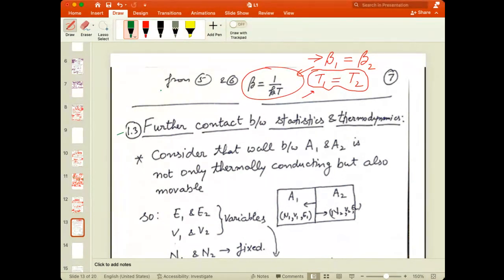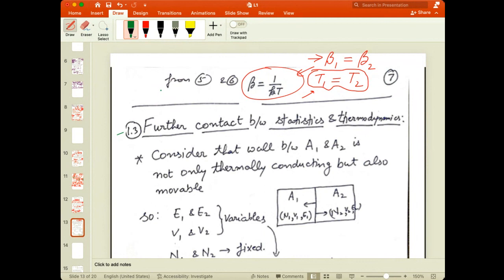Now I will make my wall movable, while also allowing the two systems to exchange energy. So E1 and E2 can vary, but their sum will remain constant, and V1 and V2 will also change.